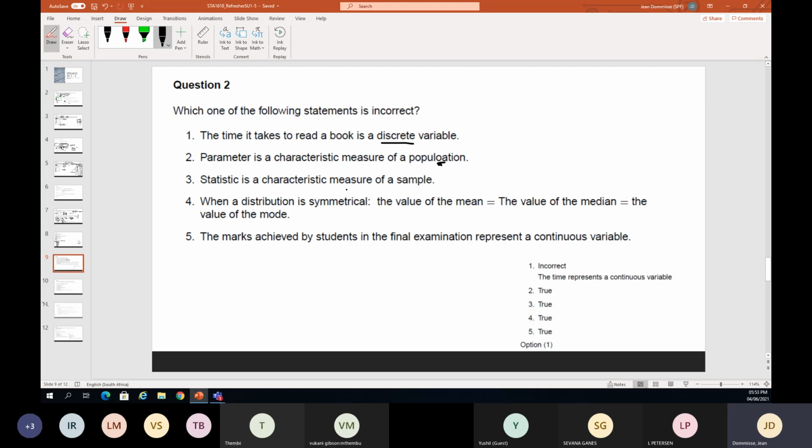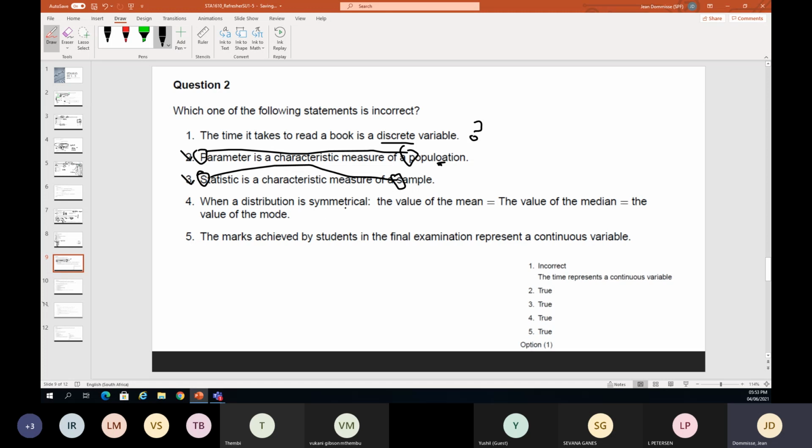Statistic is a characteristic measure of a sample. Okay, that is correct. So how I like to look at this is parameter, population, statistic, sample. So the two S's, the two P's, both is correct. This one, I'm going to give a question mark there.